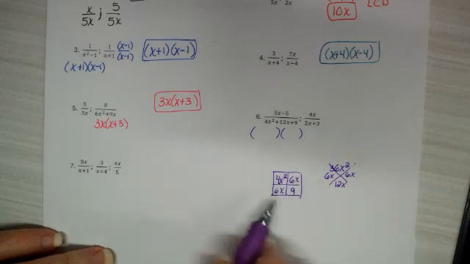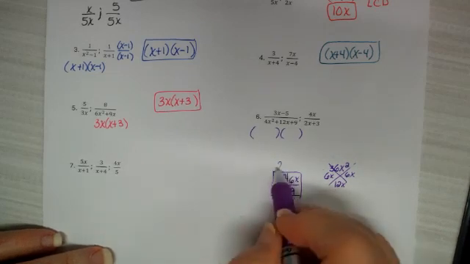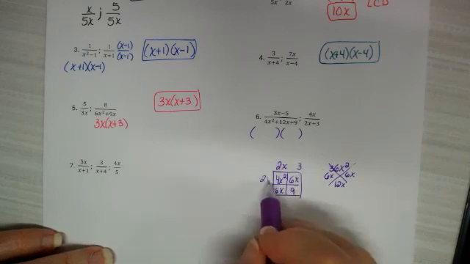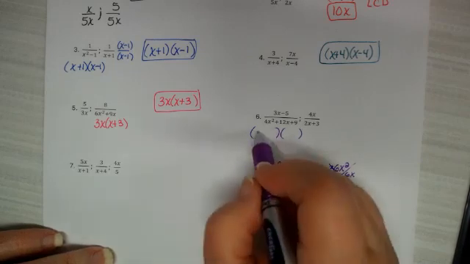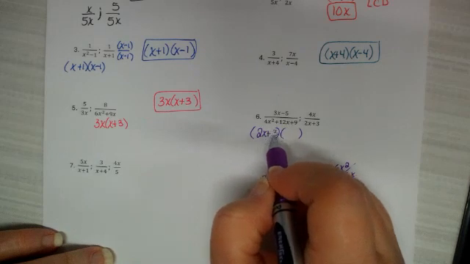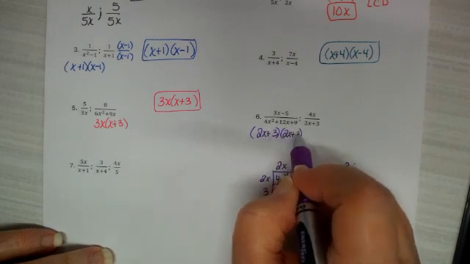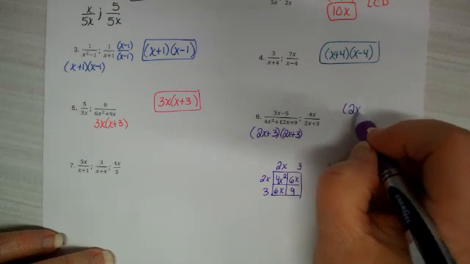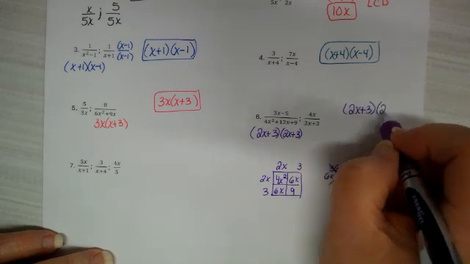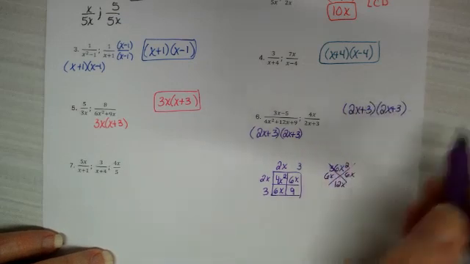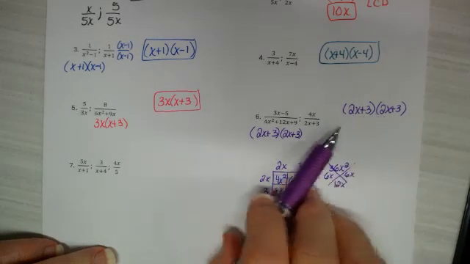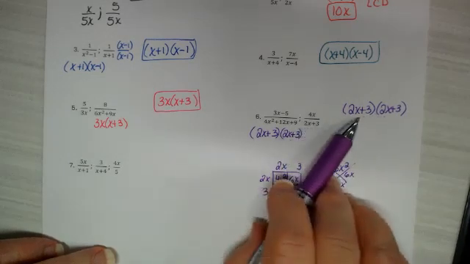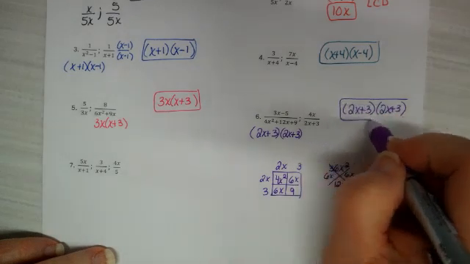So if I factor this, my GCF here is 2x, and here it's 3. 2x and 3. So it's 2x plus 3, 2x plus 3. So again, write down the biggest denominator you can find, and then see if anything else needs to be multiplied in there. So the second denominator is 2x plus 3. Already got it. So that is my common denominator.